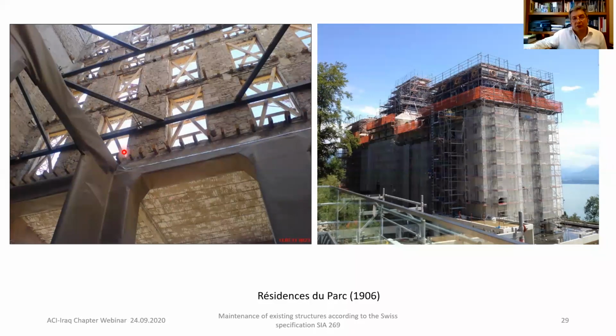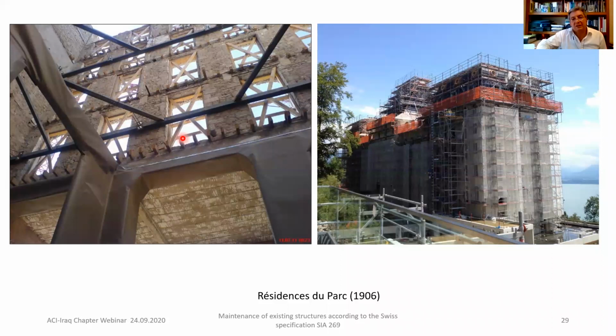We evacuated all the floors. It was in timber structures, and we changed them to concrete slabs to respect the luxury specification or norms for such a type of utilization.